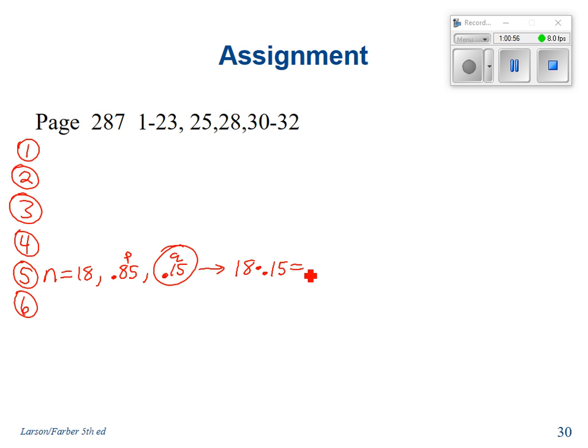What's that give us? 2.7, so it doesn't work. So can we use it? No, this is less than 5, so cannot use. Three, 4, and 6 are the exact same thing. You're just deciding whether you can use it.